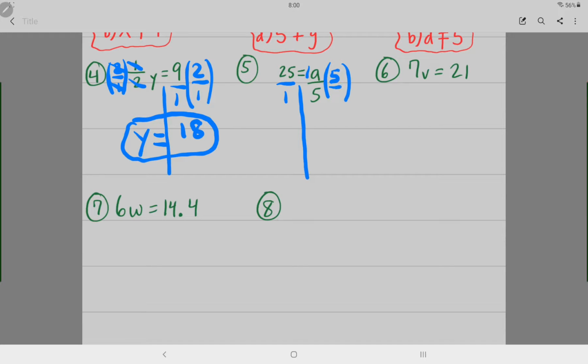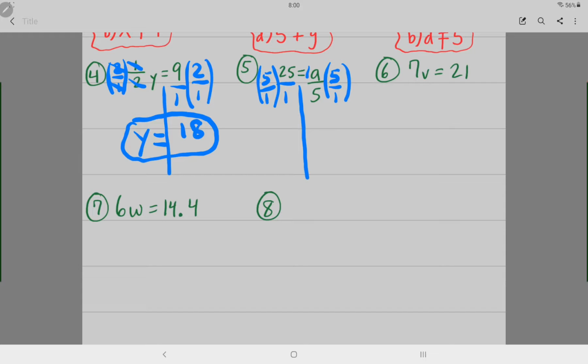And the reciprocal is 5 over 1. Remember, whatever we do on one side of the equation, we must do the same on the other. So we have to write the same exact thing. If I multiply the left side by 5 over 1, I also must multiply the right side by 5 over 1.